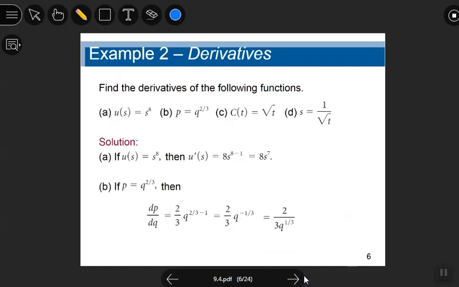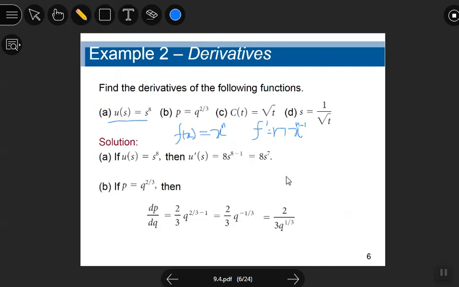Now let's look at some examples. First, u of s is equal to s to the power 8. First you need to understand our formula. f of x is equal to x to the power n, then f prime is equal to n times x to the power n minus 1.